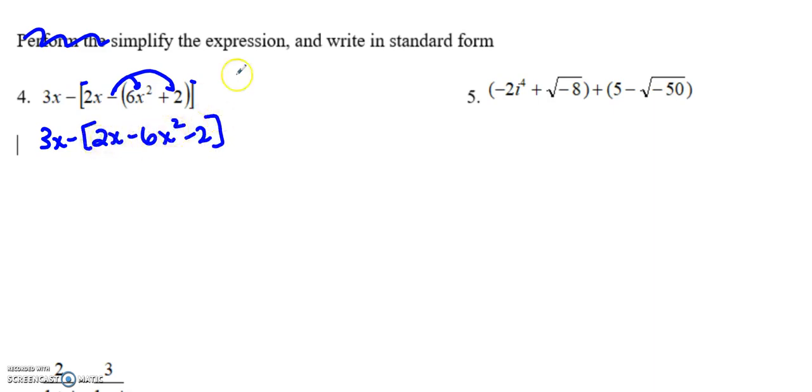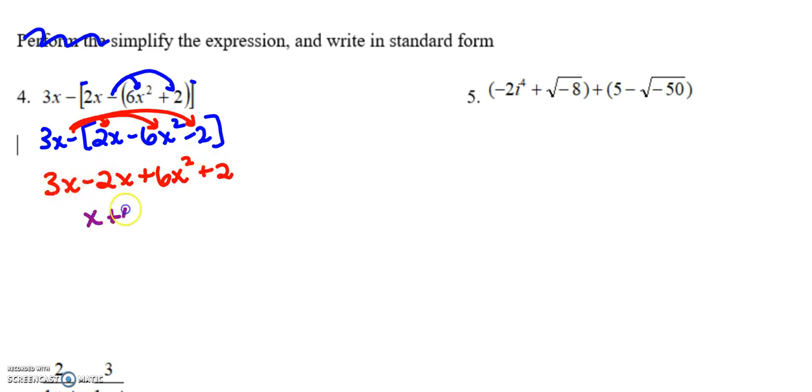Then I want to say, can I combine anything in this set of brackets or parentheses, grouping symbols? No, I cannot. So the next thing is to distribute this negative sign. 2 negatives make that positive. 2 negatives make that positive. The last thing then is to combine like terms. So 3x minus 2x is just x plus 6x squared plus 2.